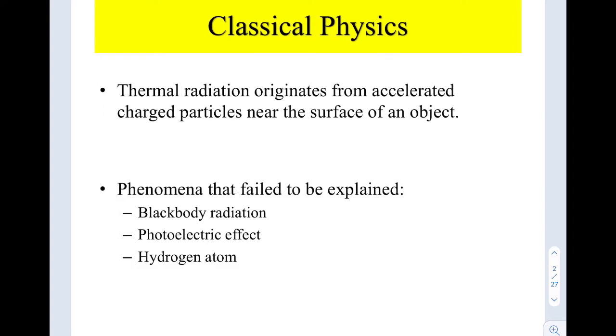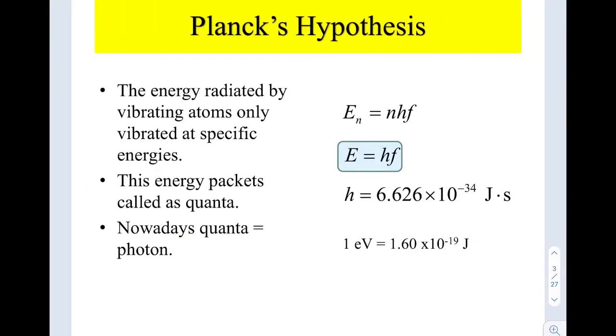So physicists in that era figured out a new method, which we call modern physics or quantum physics. But for our syllabus, we are going to solely focus on the photoelectric effect.